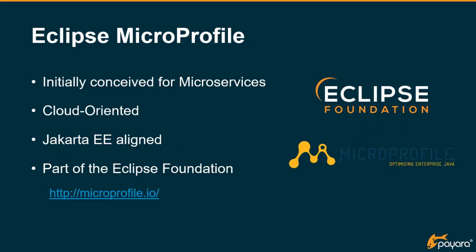Eclipse MicroProfile is a technology that was implemented originally in order to address the shortcomings of what was known as the old Java Enterprise Edition. It was created as a way to implement cloud-oriented microservices. The idea was that there are some things that Java EE, or Java Enterprise Edition, cannot do in the context of enterprise Java.